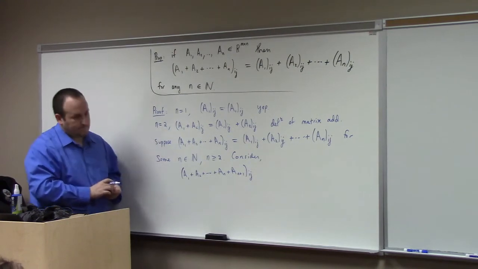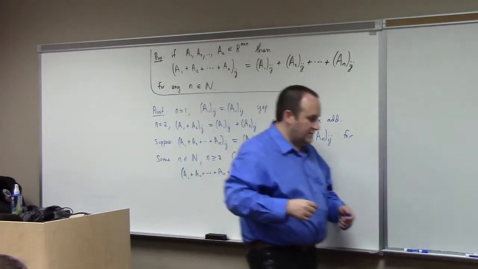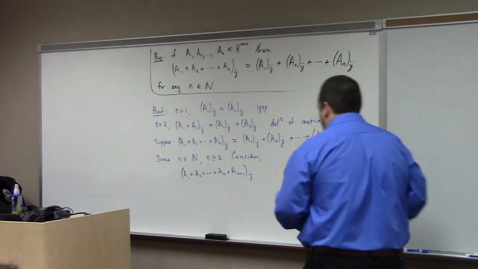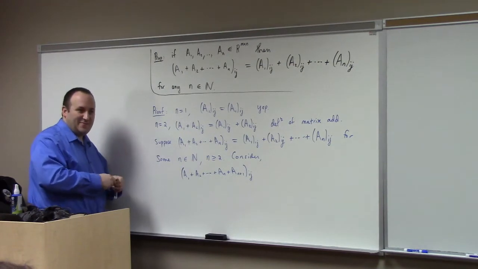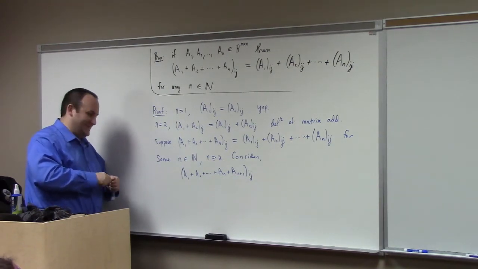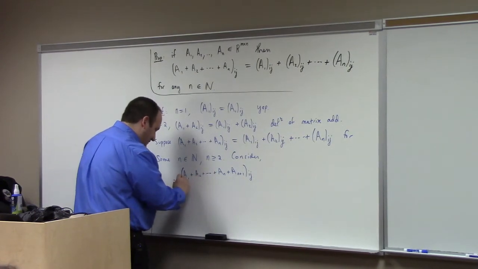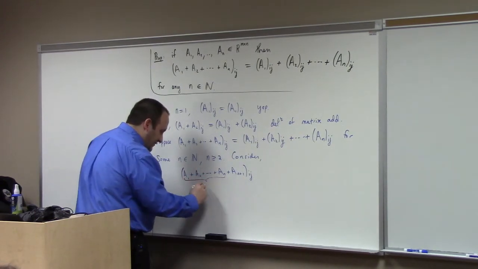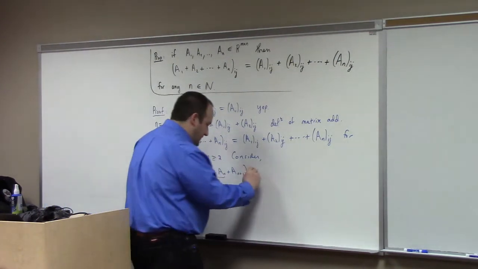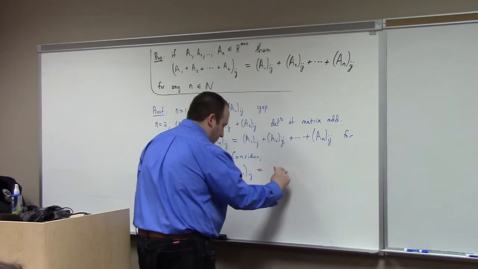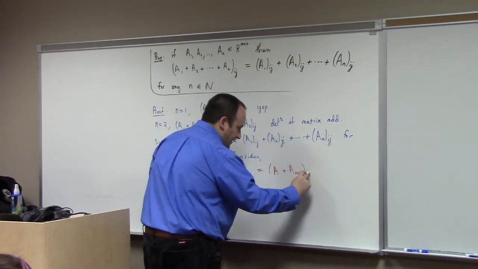And so what we do is simply use the associativity of matrix addition, which, if you want to get picky, is a proposition I need to prove too. Let's look at it this way. This is all a matrix A, right? So what we have here is (A + A(N+1))_ij.